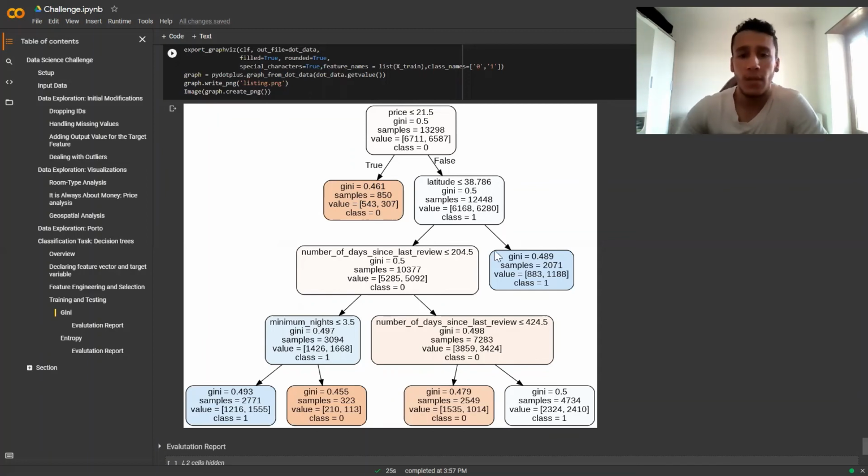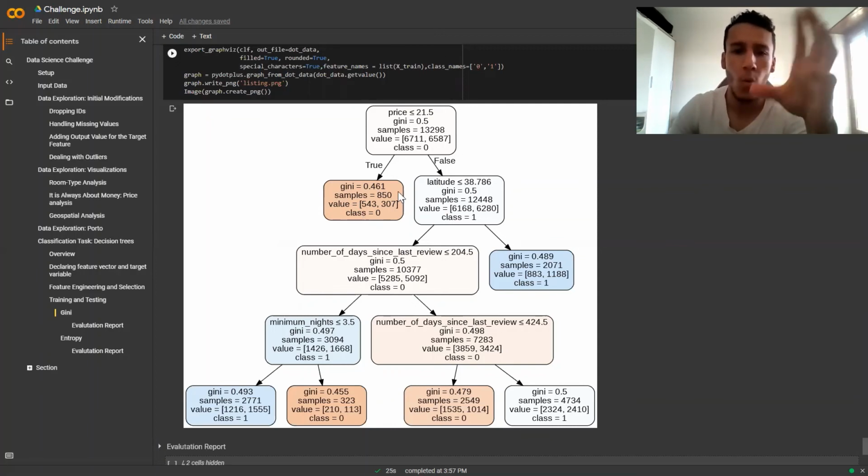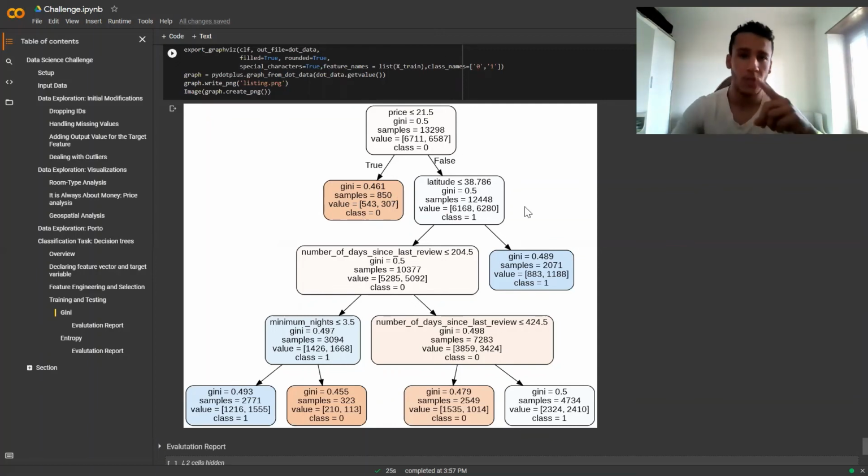Okay, so let's take a look into a path of this tree. Okay, so first it asks, is the price lower than 21.5? If yes, it classifies it as 0, and the Gini impurity is 0.46.